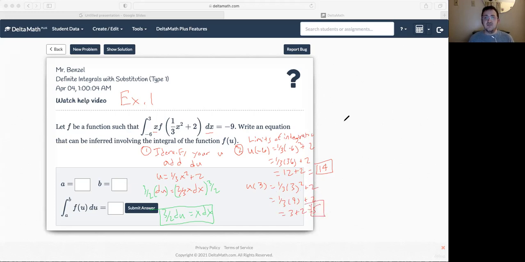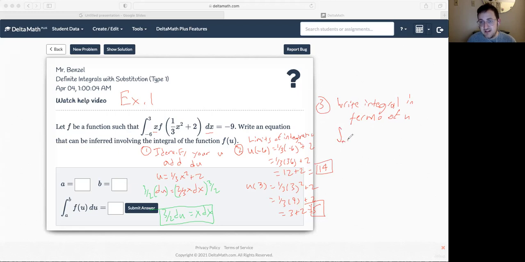And then for part 3, I write the integral in terms of u. I like to write this a little bit out of order at the beginning.